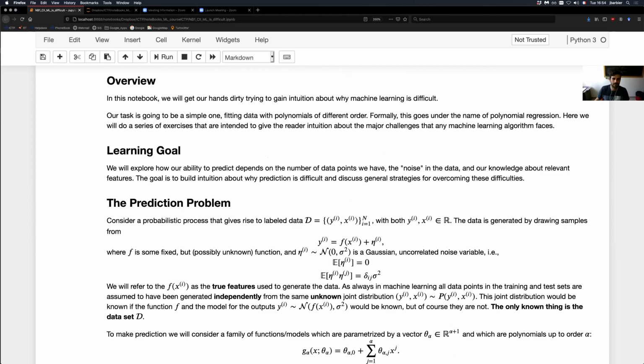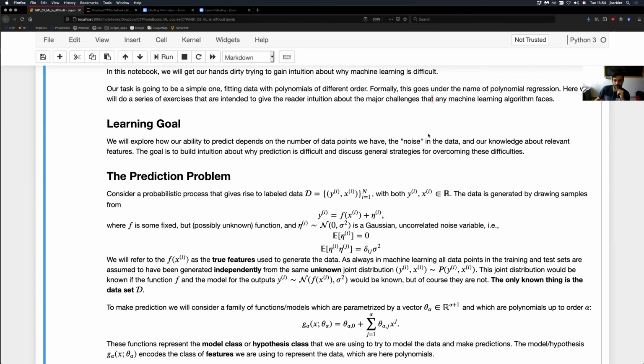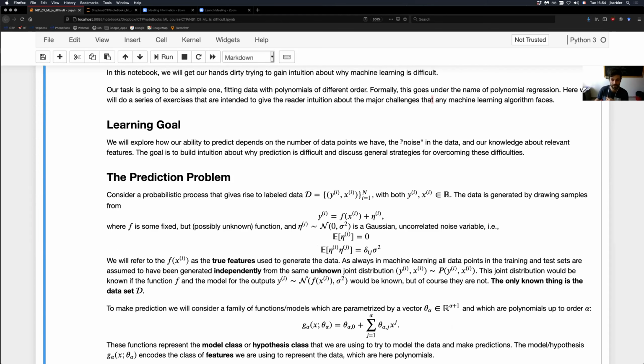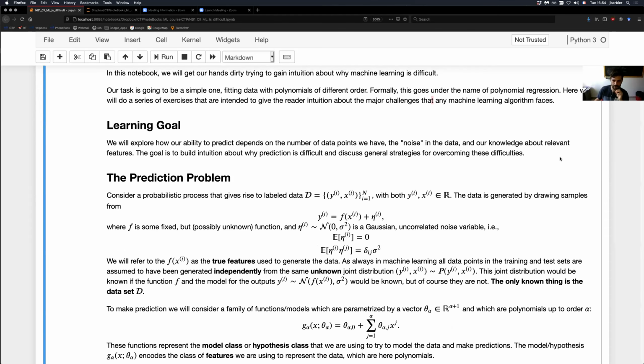Let me read. We want to fit data with polynomials of different orders. This goes by the name of polynomial regression. We will see essentially how things change when the data is noisy and finite. So I want to answer exactly the question of this person who asked two minutes ago.